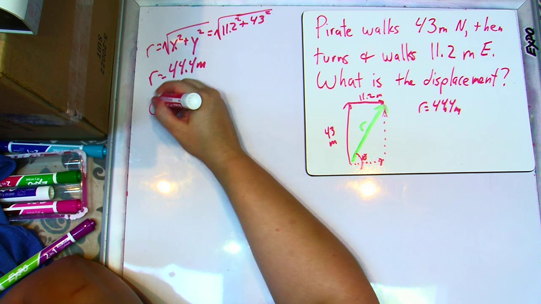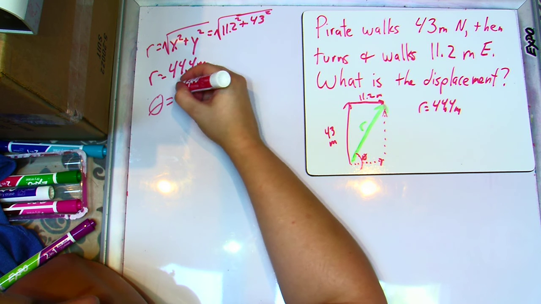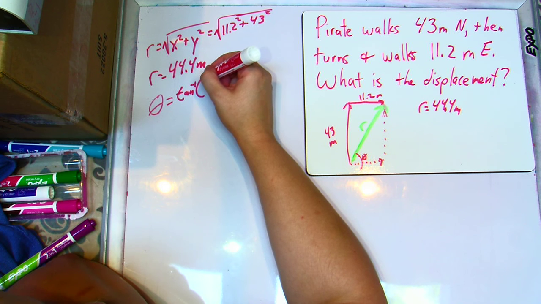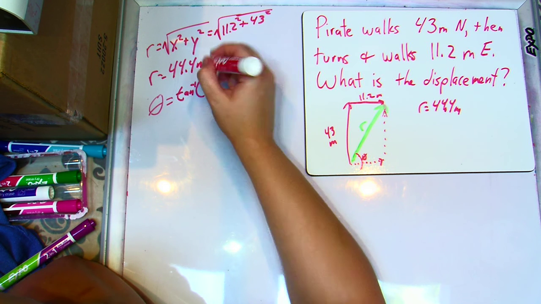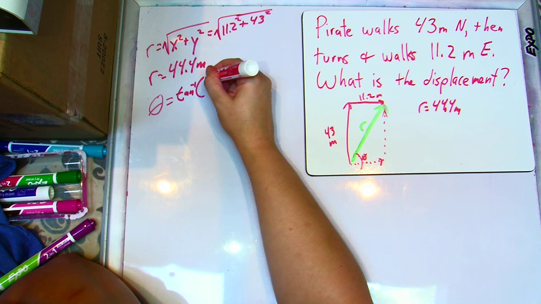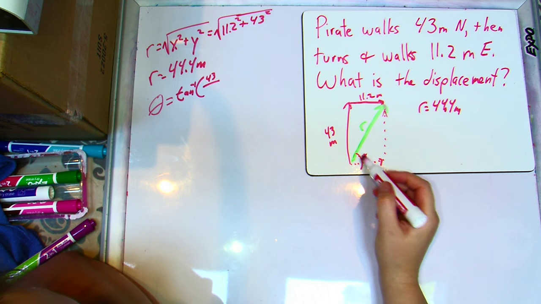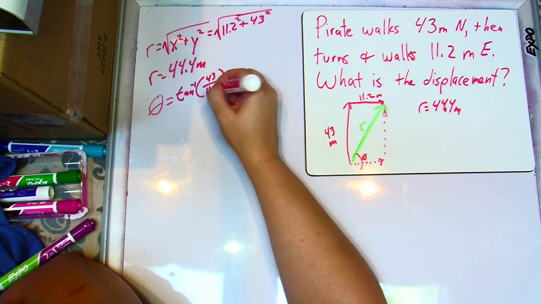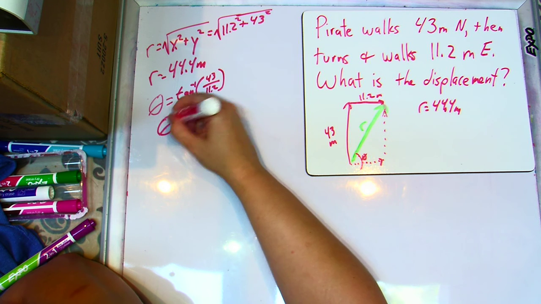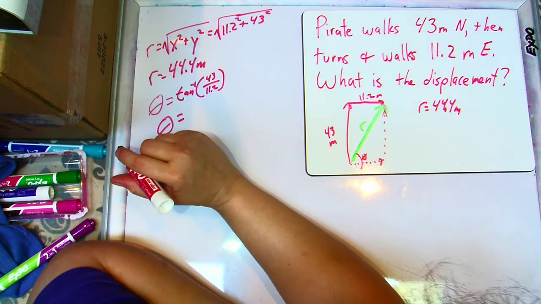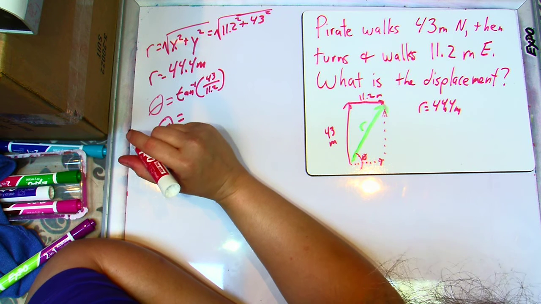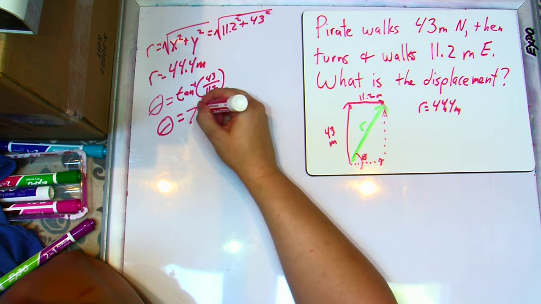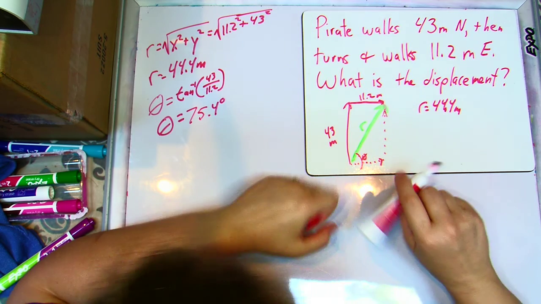So theta equals inverse tangent of the opposite over adjacent. So the opposite would be the y over the adjacent, which would be the x. And we get, for our angle, 75.4 degrees.